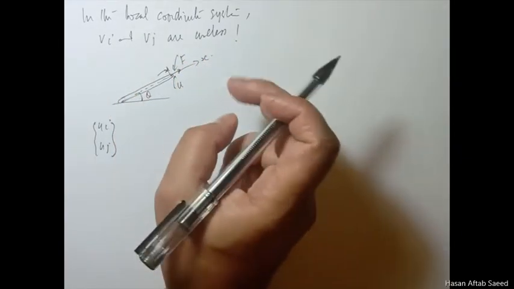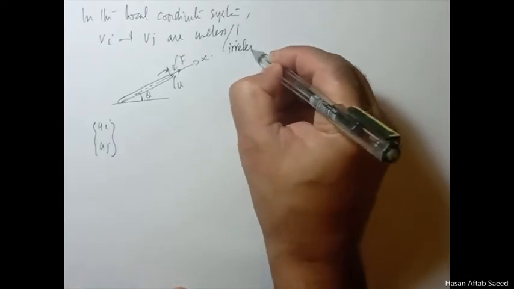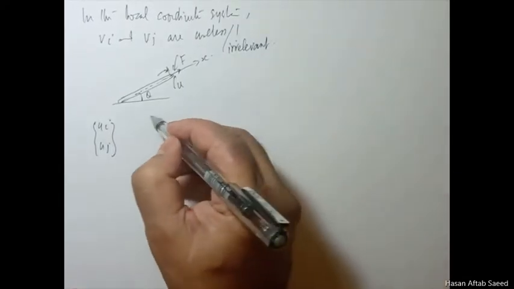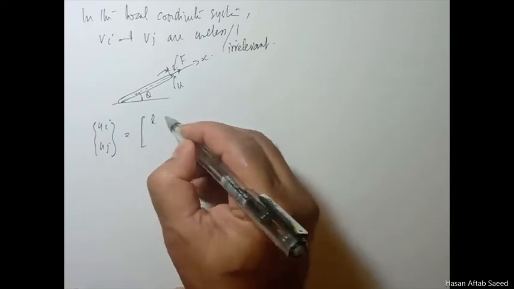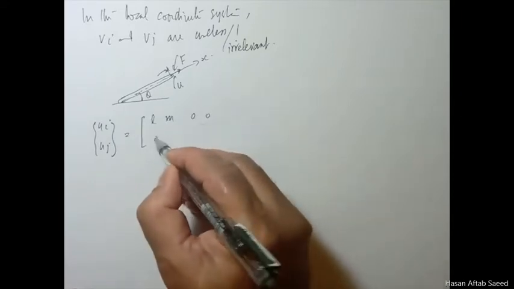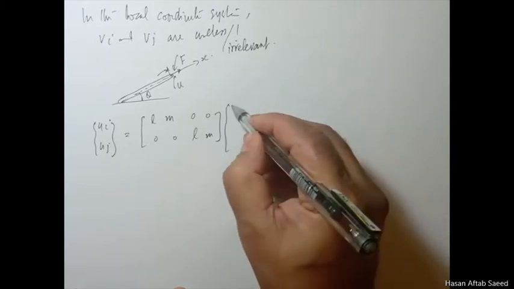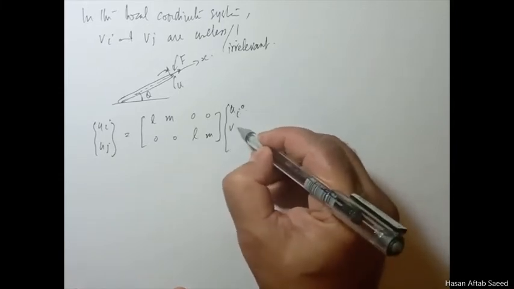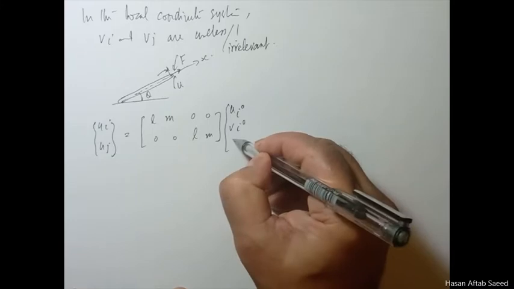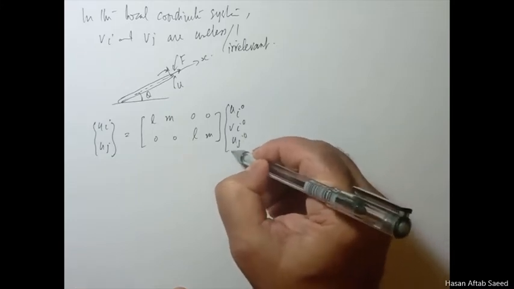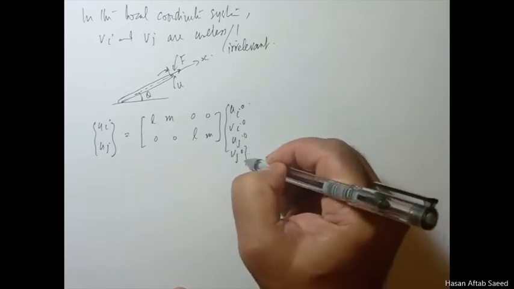Vi, Vj are irrelevant. So we just make our lives a little easier by removing those two lines. The right hand side remains the same, because remember, in the global coordinate system we need all the four components.